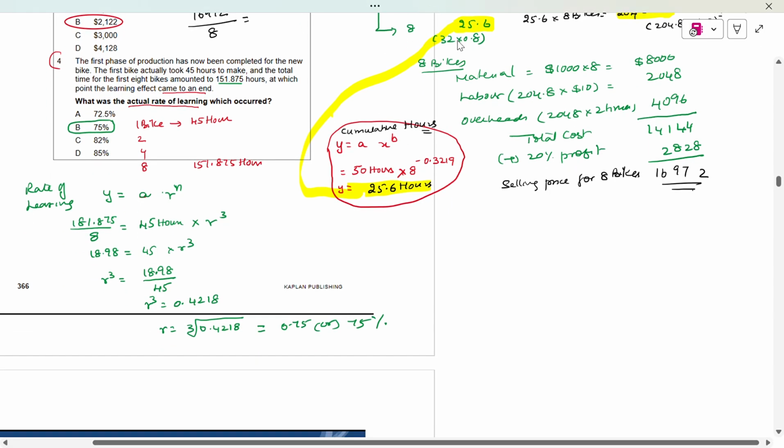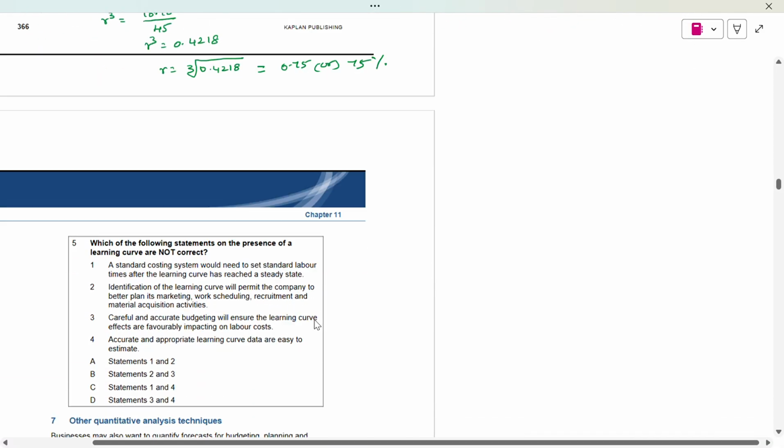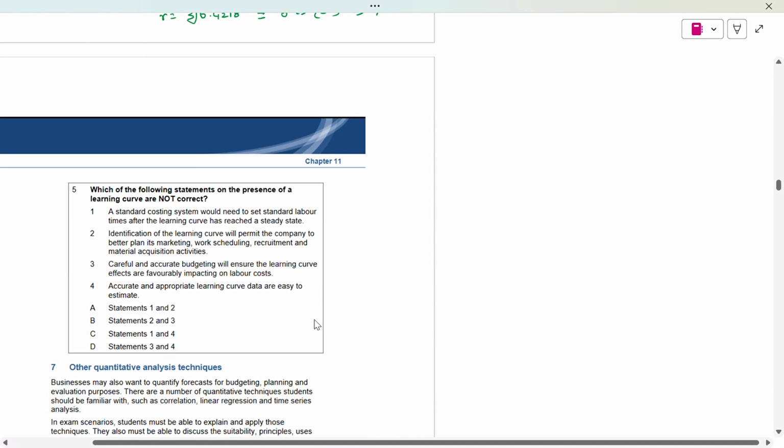Do this one, okay? Next, tell me the answer for this. Which of the following is not correct?